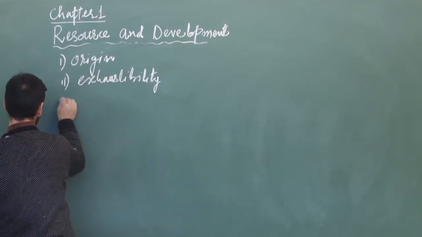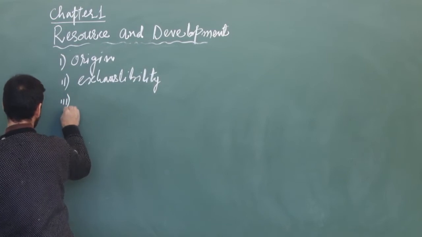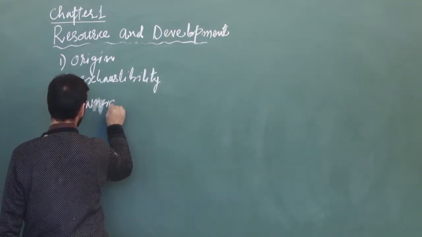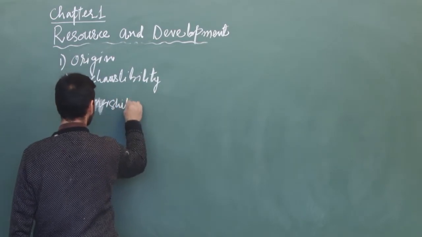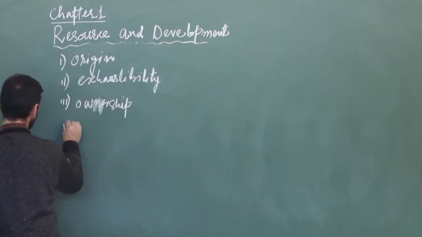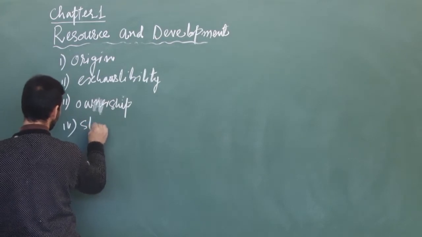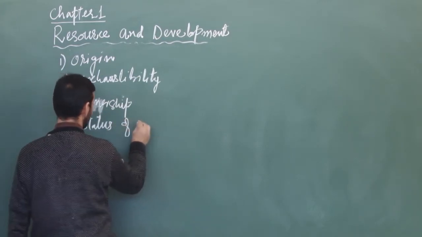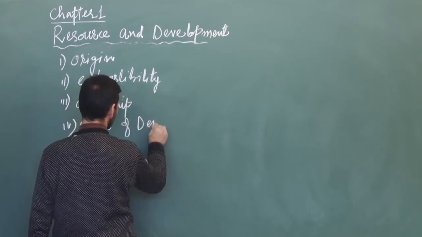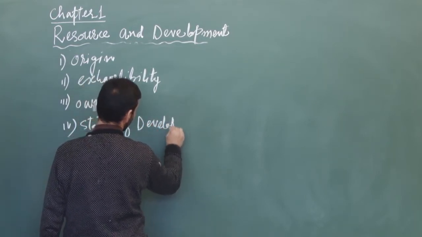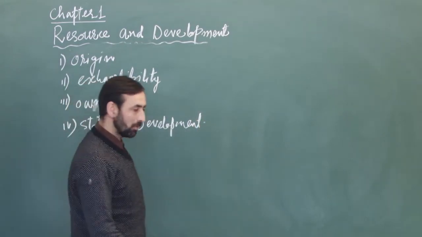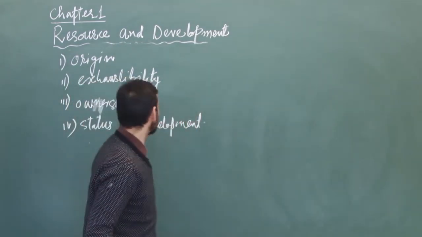Number 3, on the basis of ownership. Number 4, status of development. In outline classification, we have discussed these resources.